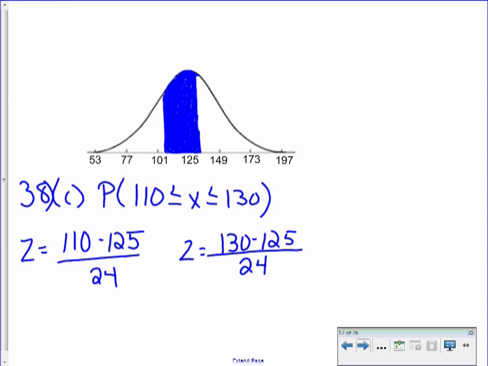It doesn't matter, because what do we do when we have between problems? We subtract them. So we look up the larger one and then subtract the smaller one from it. We're going to subtract when we get our values off the table.